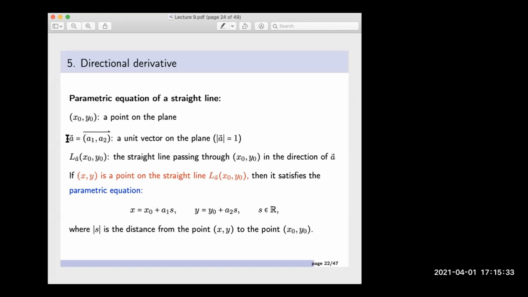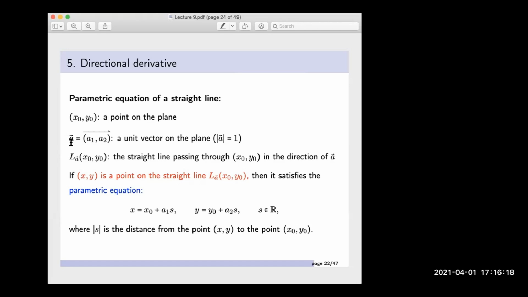You first need to know that if a point in the two-dimensional plane moves in this direction, the point xy moves in this direction in the plane, the function value would change, because the function value depends on the point. It's a function of the point. The rate of change would be called the derivative in this direction, because the point moved in this direction.